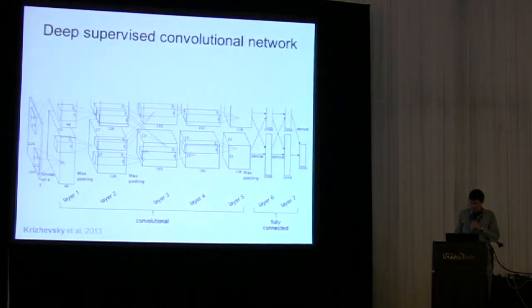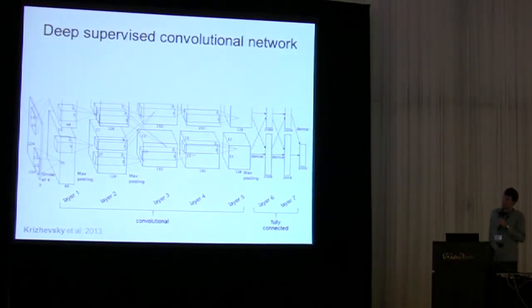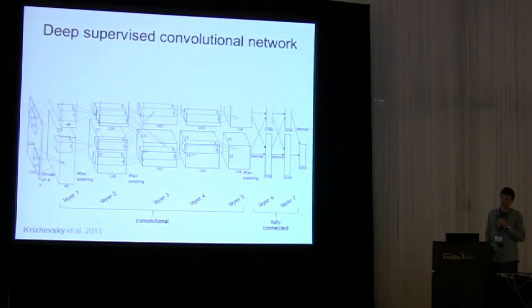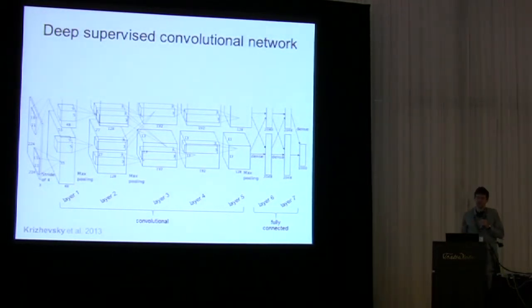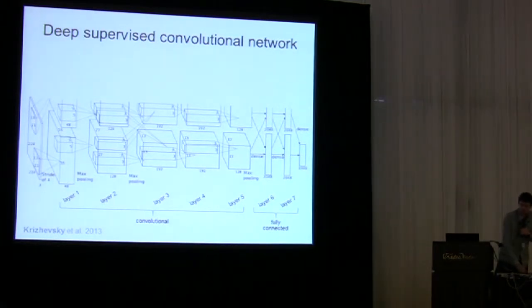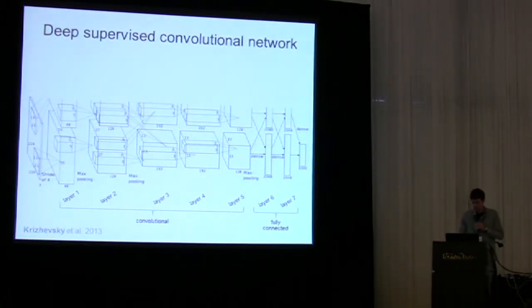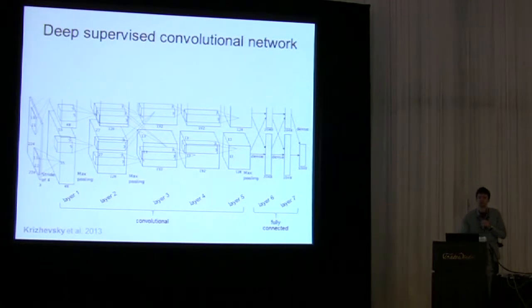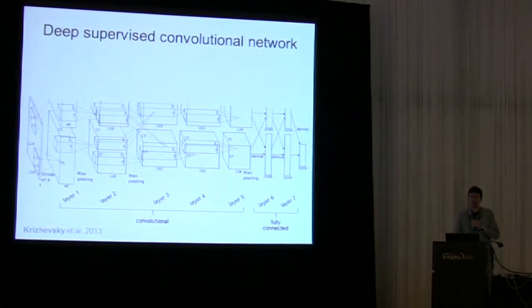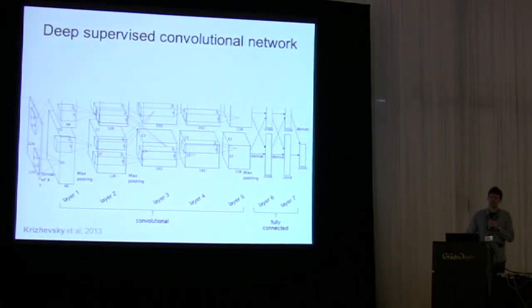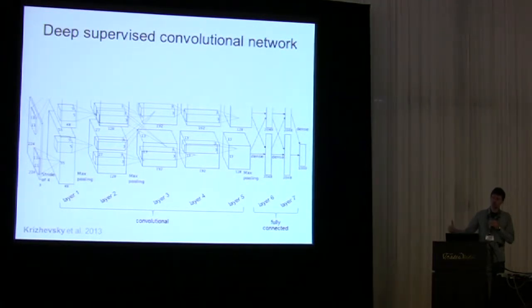Next we went and tried to test a very recent model, which is a deep supervised convolutional network. This is the state of the art in computer vision object recognition, and there have been exciting advances since 2006. Geoff Hinton, Yoshua Bengio, and others have found ways to really train with supervision very deep neural network models.